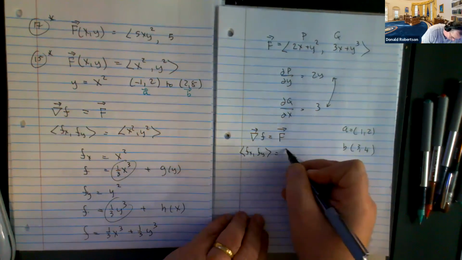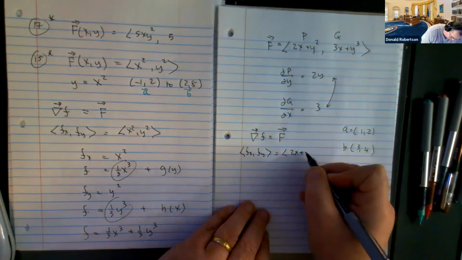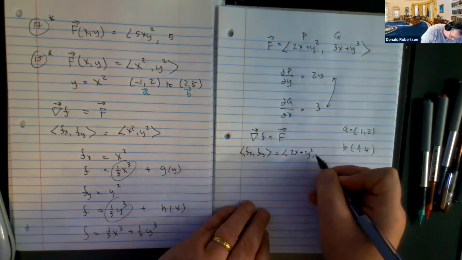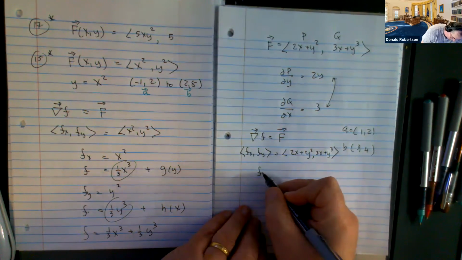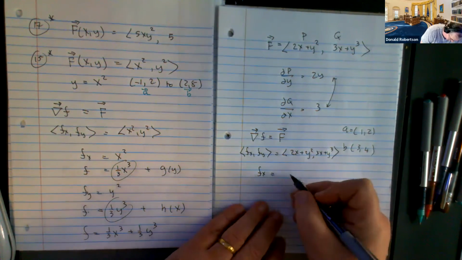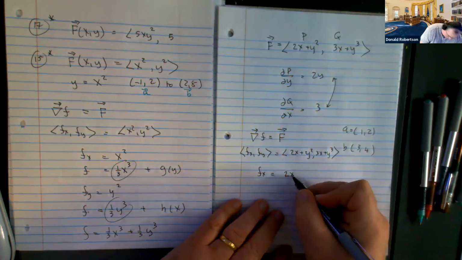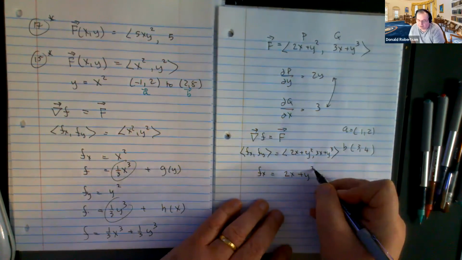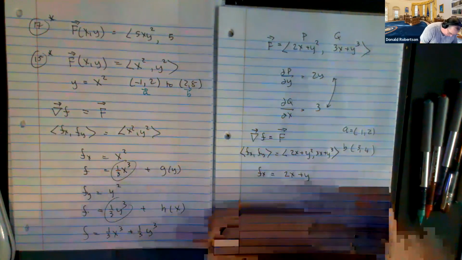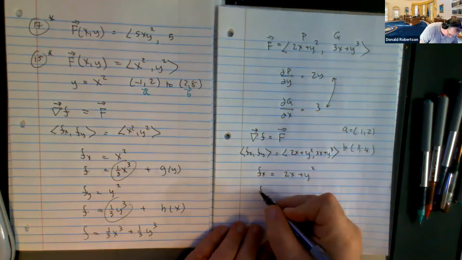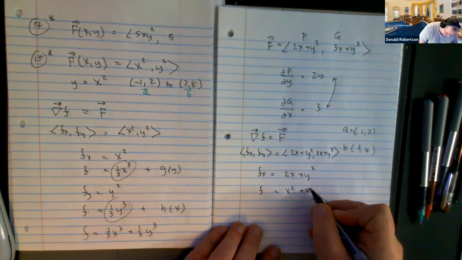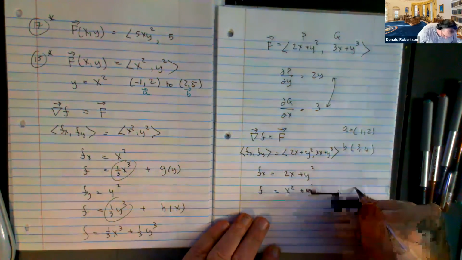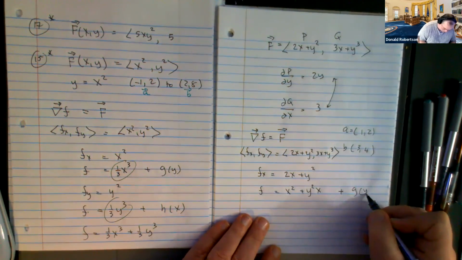And this has to be true. So the partial derivative with respect to x has to equal 2x plus y squared. Agreed? And if you integrate it, you get x squared plus y squared x plus some function that doesn't have an x. So some function of y.